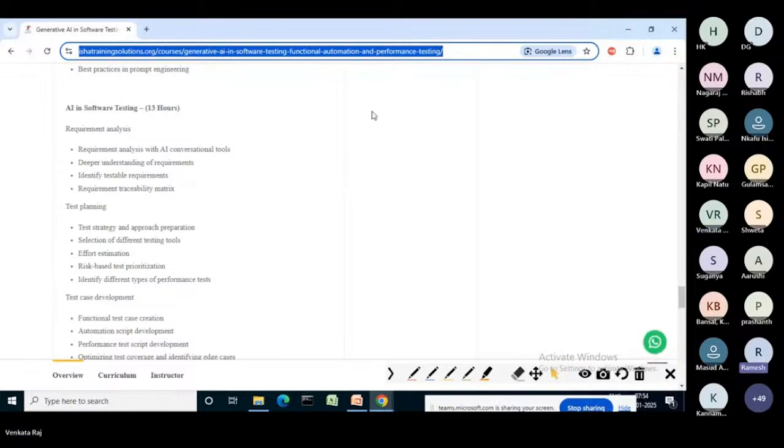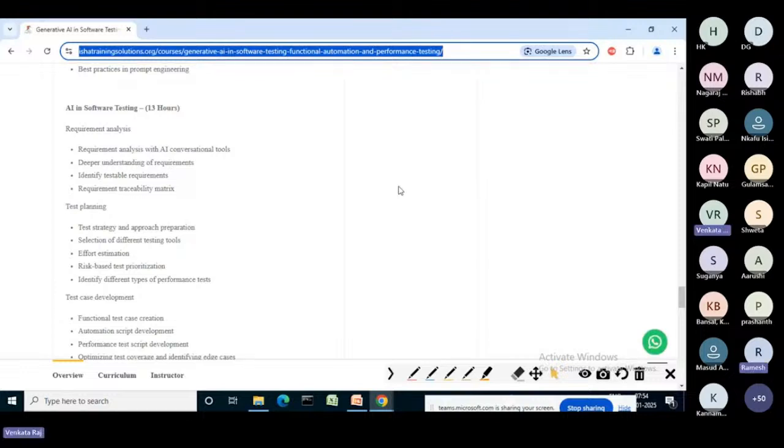In the current market, they have some specific tools for Gen AI, for example Tosca is one of the examples. There are many in the market that have embedded AI. I agree. As part of this training, our focus will be on leveraging AI for the different test activities, so you can use that in any automation tool.